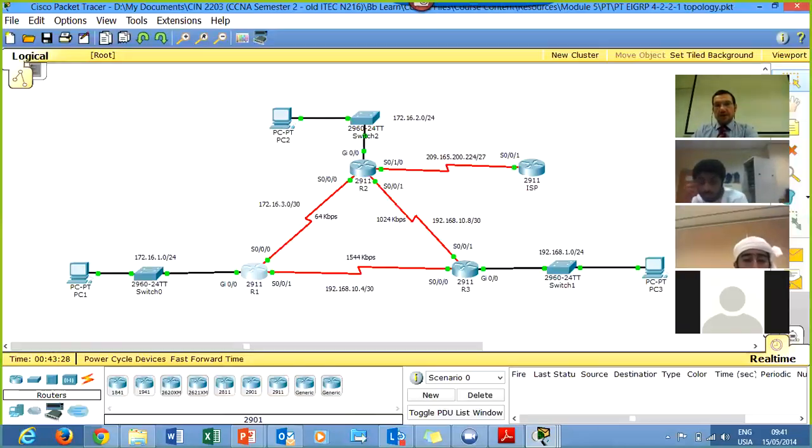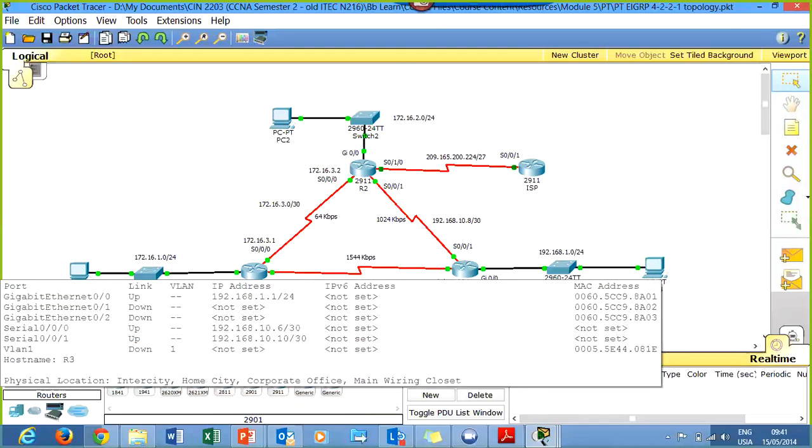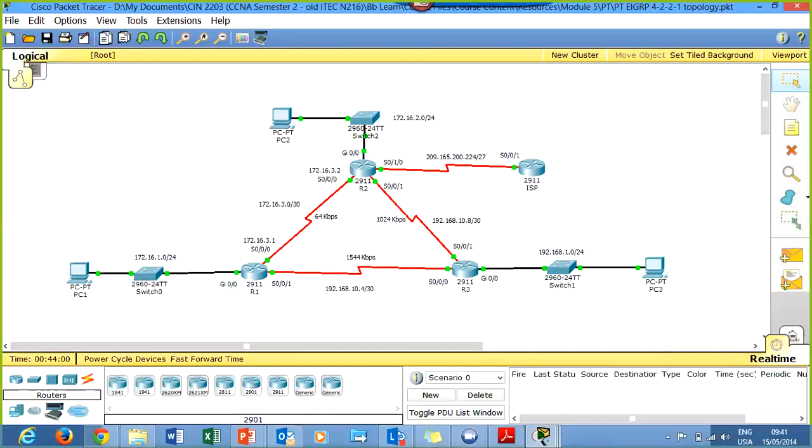This is R2. So let's have a look. Let me just put some notes here so that we know the IP addresses. The IP address for 001 is 172.16.3.1. This is 000's IP address. This one here is 3.2. Okay, and R3 is 1. This is 6 and 10.